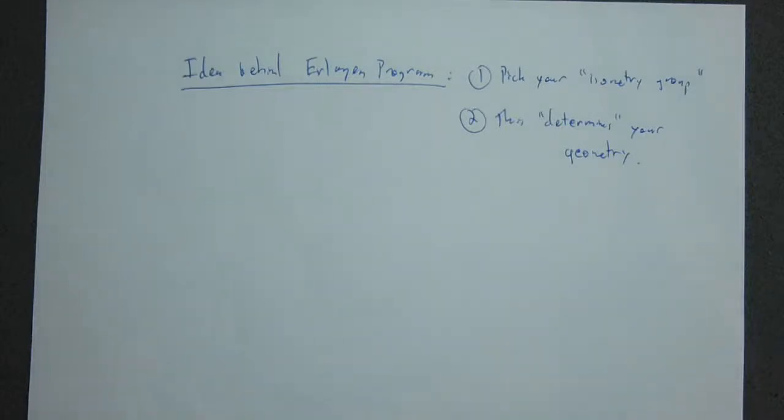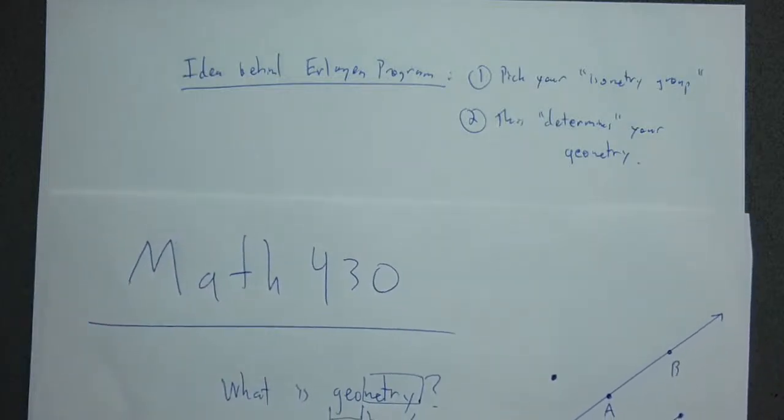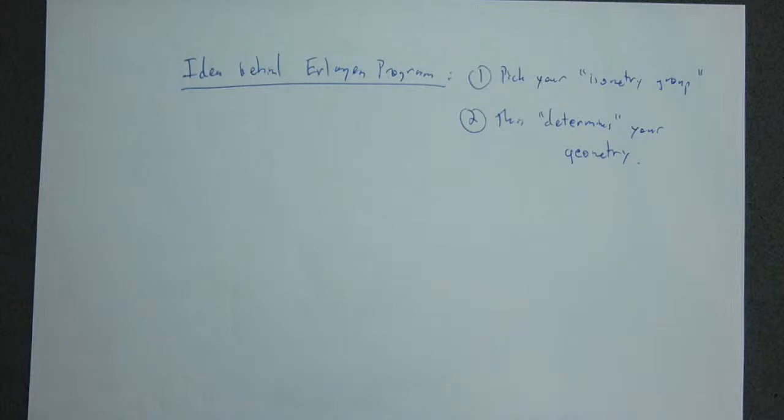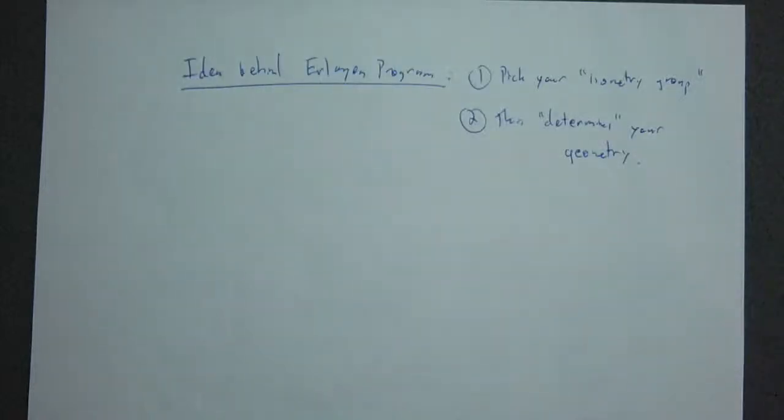This statement is maybe a little fishy. Up until now, I began with the question, what is geometry? My first thing that I wrote down after that, of course, was Euclid's axioms, compass and straightedge constructions. And so inherently my secondary answer was that geometry is Euclidean geometry.